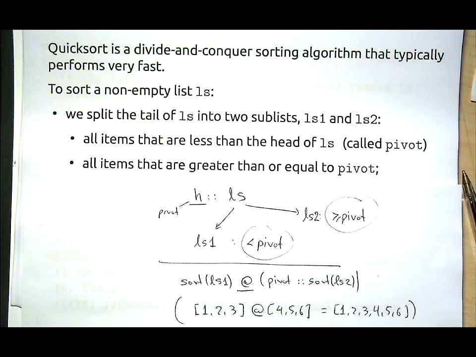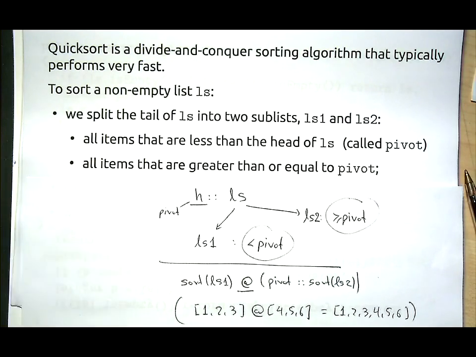You can see again the description of the algorithm is very simple, at least at the pseudo-algorithm level. I have a list, I extract the head, I have a smaller list, now I break it into parts, those that are less and those that are greater or equal. I sort these, and then I come back and join them.